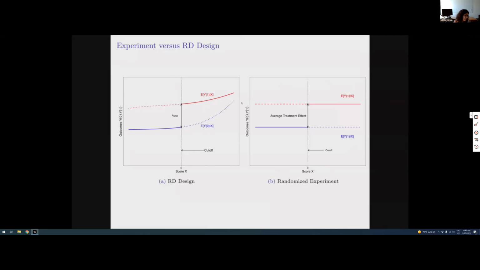So if we want to use the ideas from the analysis of experiments to analyze an RD design, we need to put this feature of a randomized experiment into the RD design as an assumption.